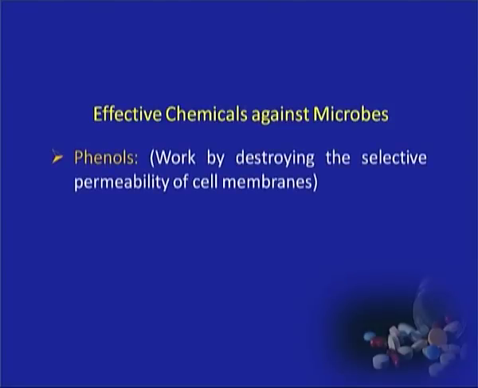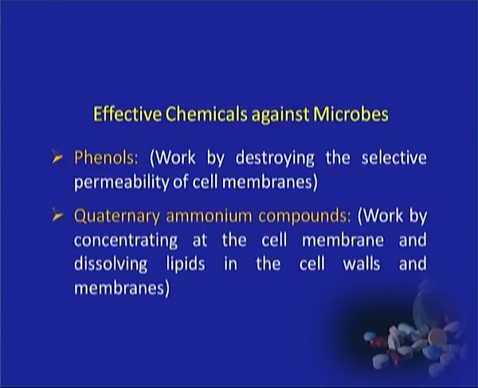So, there are some effective chemicals which work against microbes, like phenols. Phenols work by destroying the selective permeability of cell membranes. Quaternary ammonium compounds are also chemicals which are effective against microbes.